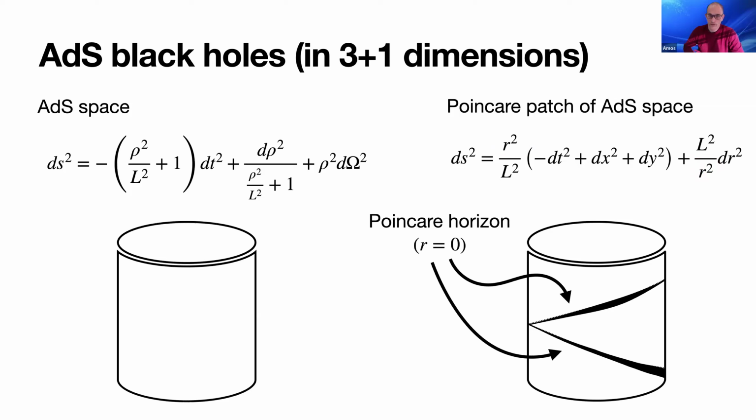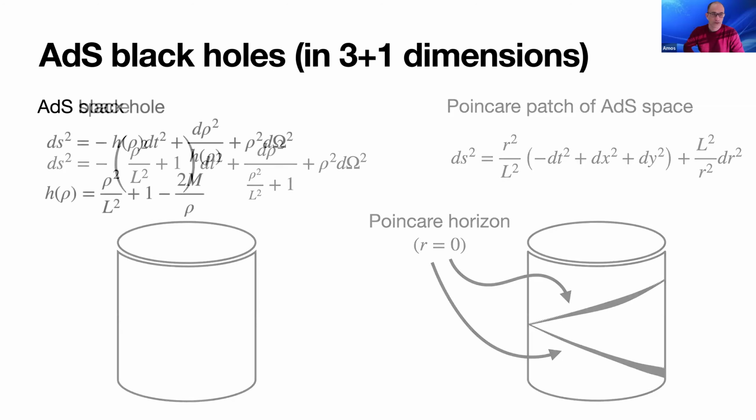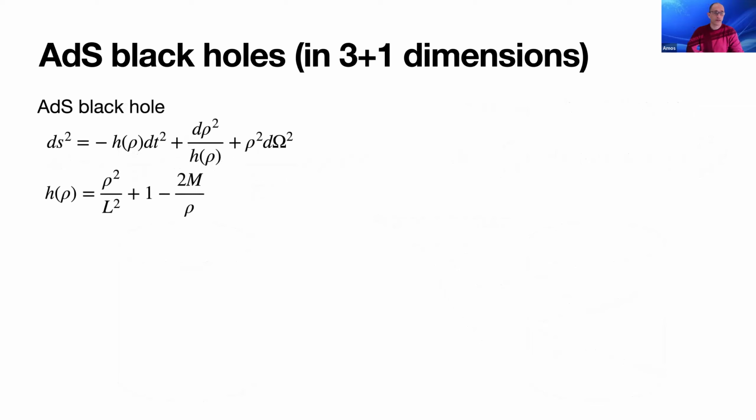Okay, so these two coordinate systems describe the same space-time. One of them covers only part of it, and the other everything. Now, if I talk about a black hole, I want to talk about two types of black holes. The first one is a black hole in the coordinates that originally covered the entire AdS space.